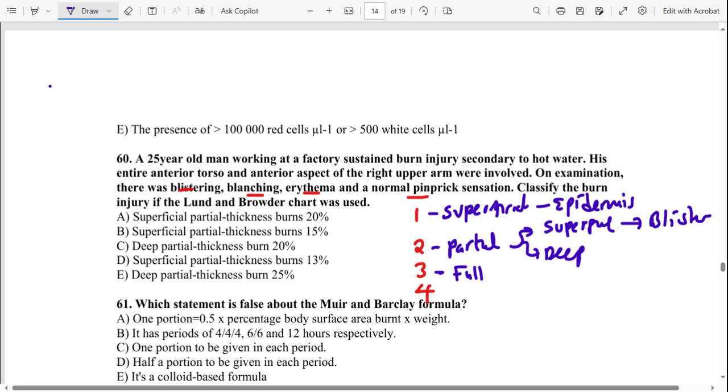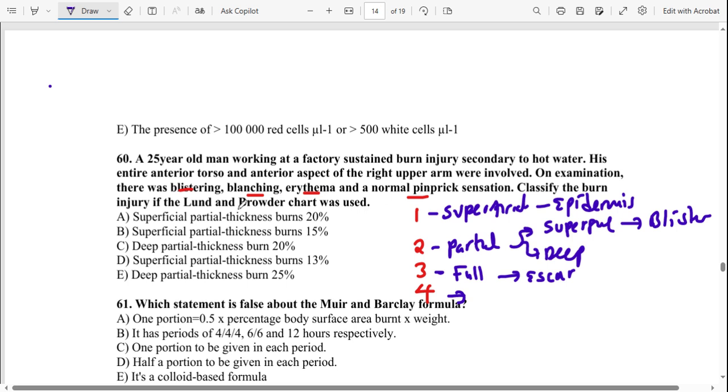We call that a charred appearance, or an eschar. An eschar is basically this leathery, brownish appearance. The fourth degree burns means that the burn has gone way, way deep, including the bones, muscles, fat, and tendons. All right, so that is what happens.